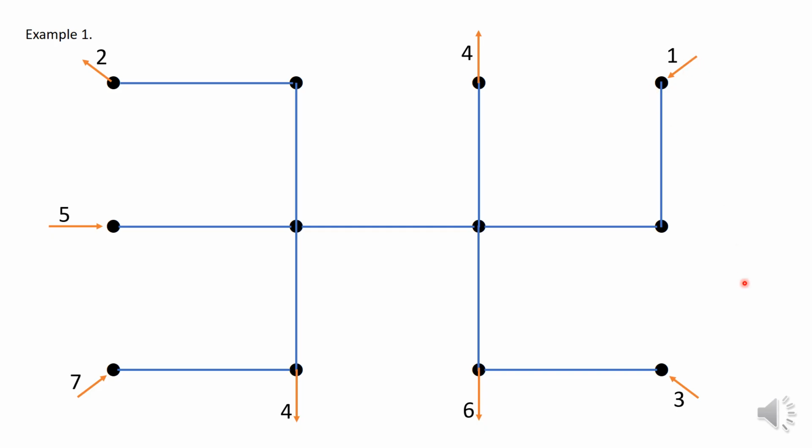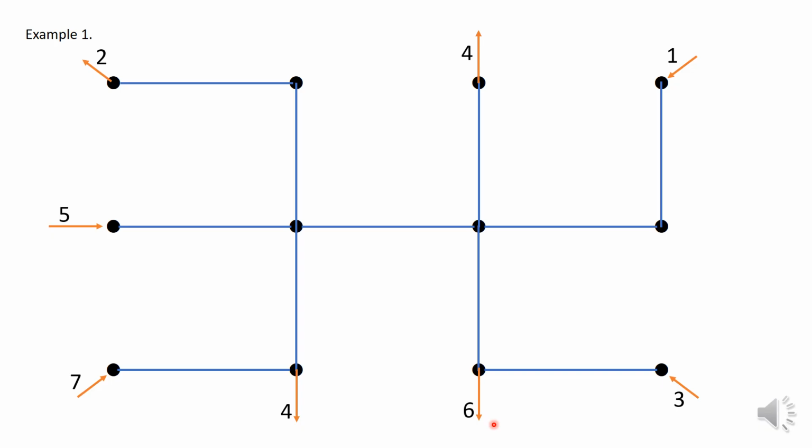You have 1 and 3. That's 4 and 5, 9, 9 and 7, 16. And the outputs are 2, 4, 4, 6, which also add up to 16.